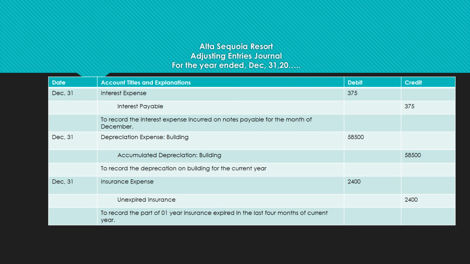Now transaction G. In December, Alta Sequoia Resort entered into an agreement to host the annual symposium of Americans for a Clean Environment in April of next year. The resort expects to earn rental revenue of at least 45,000. Now in transaction G you can see that company has not earned revenue, it is expected revenue.